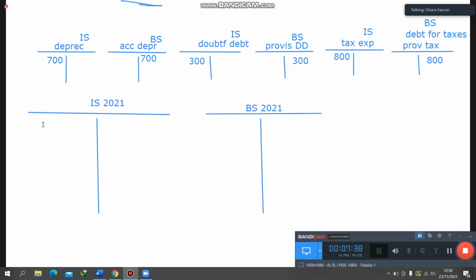Okay, so which are the components of the income statement? Okay, did you calculate the profit? Who was able to calculate the profit? Can you tell me the profit? Who is telling me the profit? No one tried to calculate it. Yes?